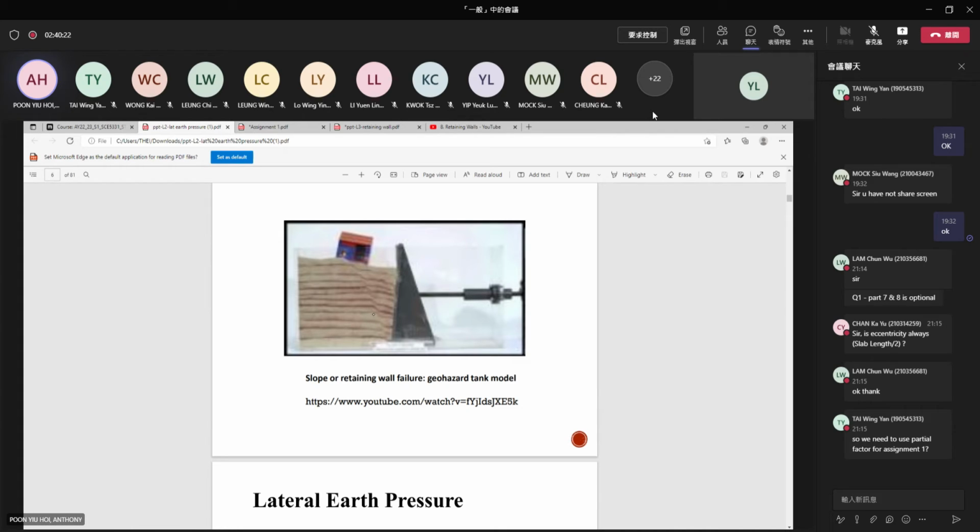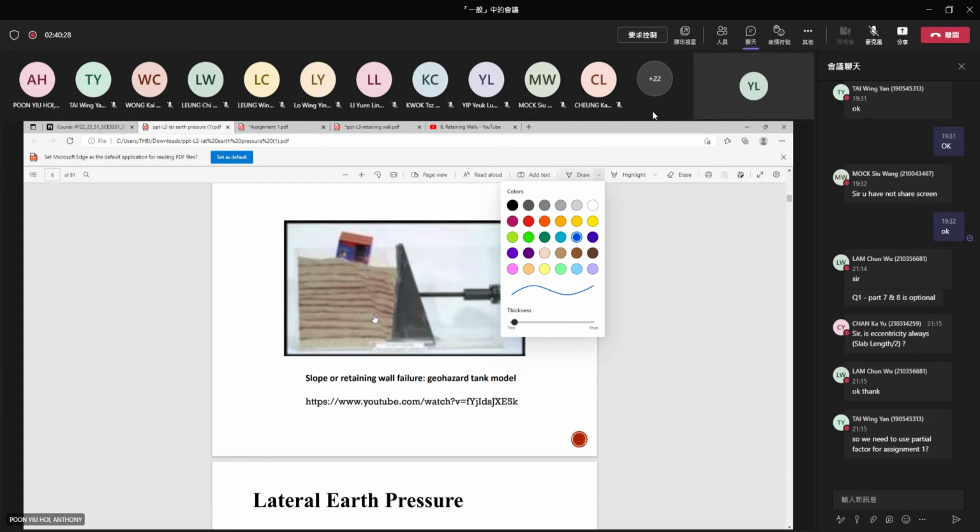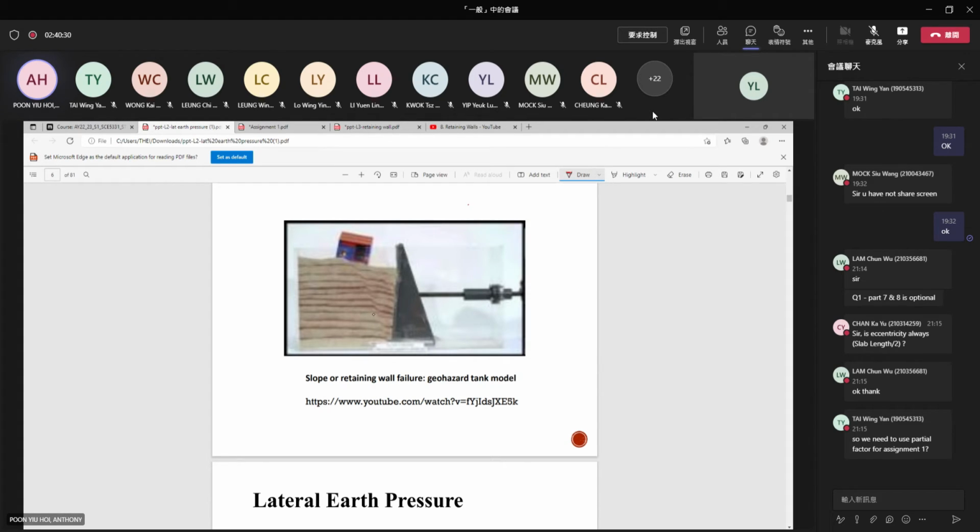This is a video showing a retaining wall failing. And you can actually see that there's a slip surface here. Right? I didn't make this up, I paused it for you to see yourself. There really is a slip surface that fell along this plane.